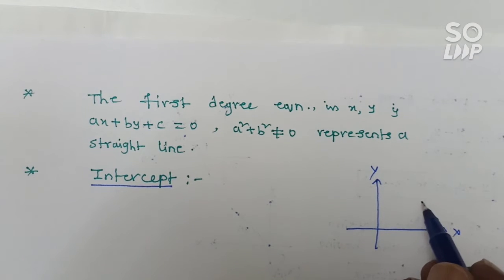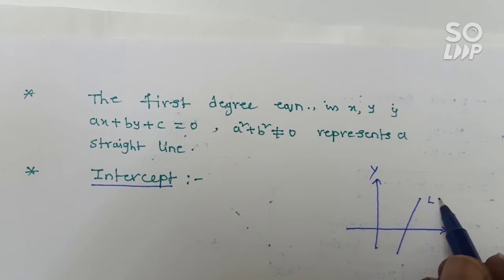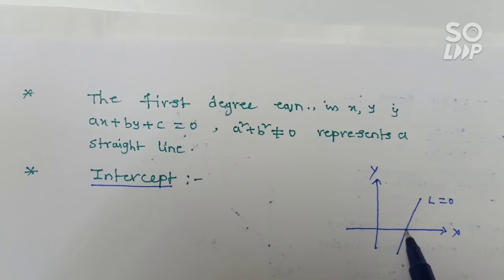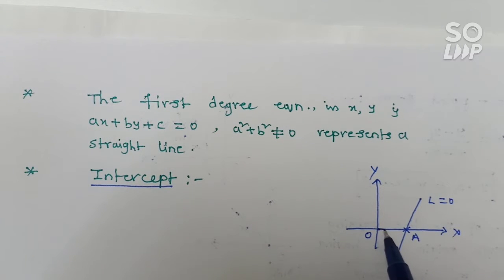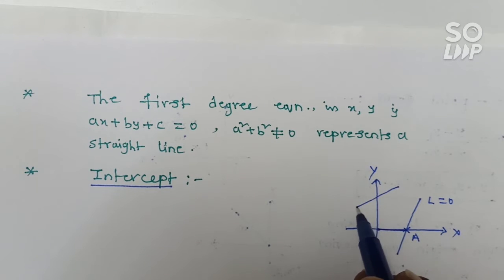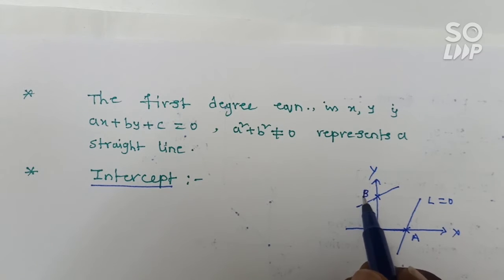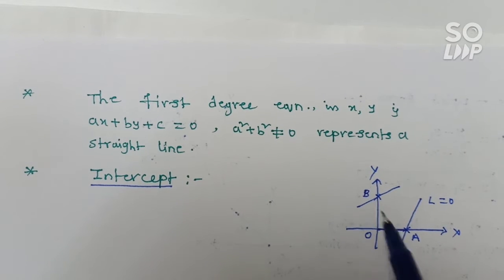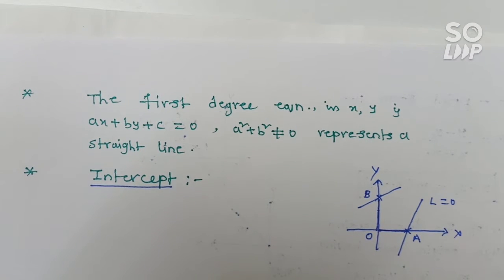Right? See, if any line, let it be L equals 0, cuts the x-axis at the point A, then the distance OA is called the x-intercept of the line. Similarly, if any line cuts the y-axis at B, then OB is called the y-intercept of the line.